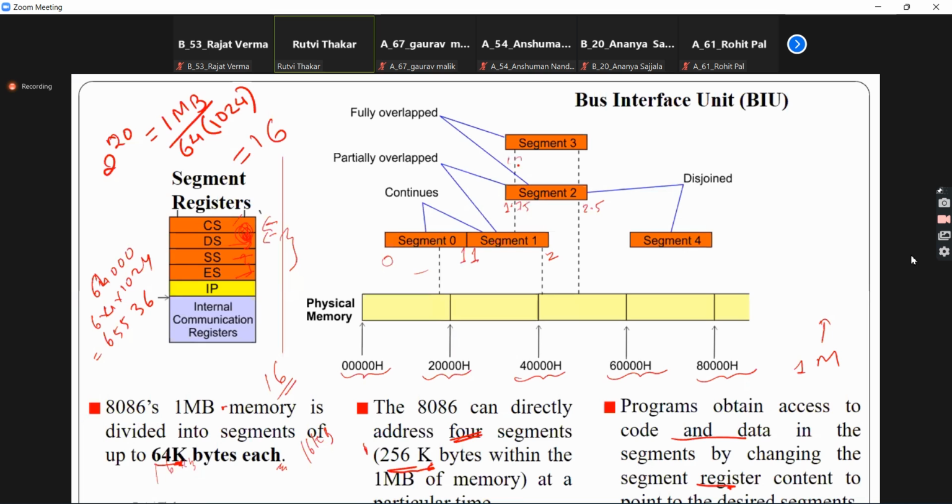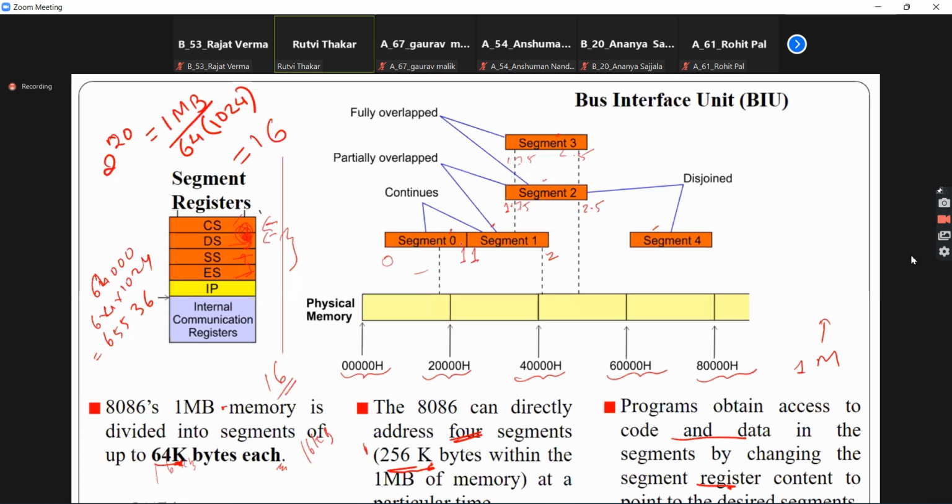So if you see the continuation, this is the first segment, second, third, fourth, and fifth segment. Each segment will take up some memory from the 1 MB of memory.